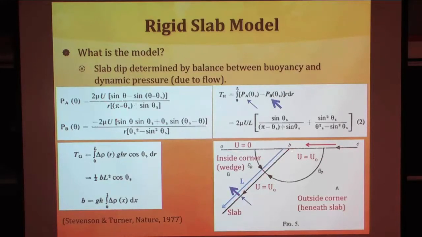R is the distance from this corner going out in a radial coordinate system. So these are the pressures that are actually acting on this slab. We have this large pressure in the inside corner and this smaller pressure in the outside corner. But both of them are acting to lift the slab. And so people talk about the suction in the wedge. This is what they're referring to.